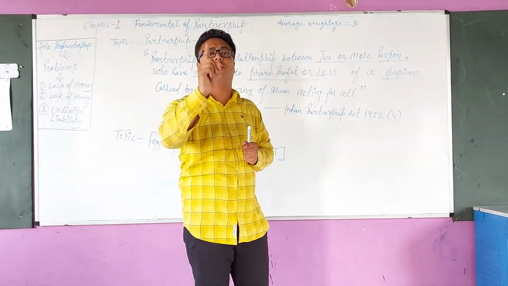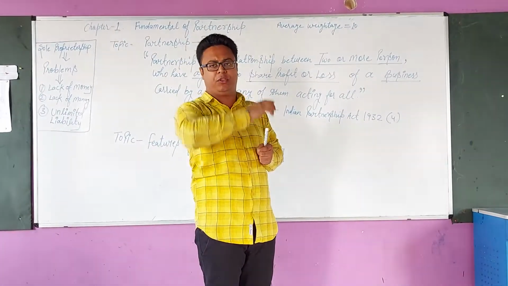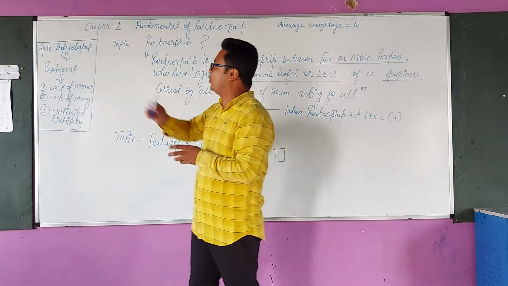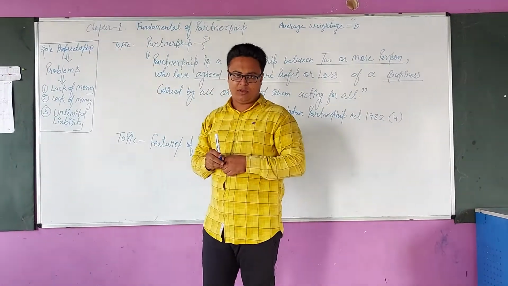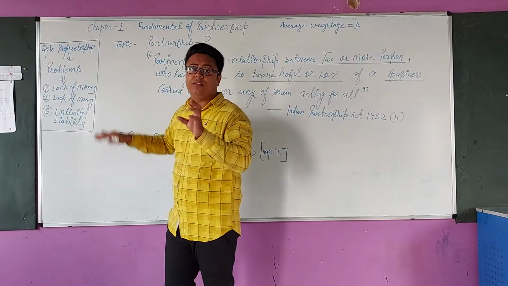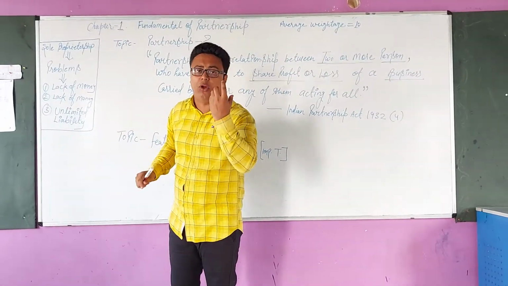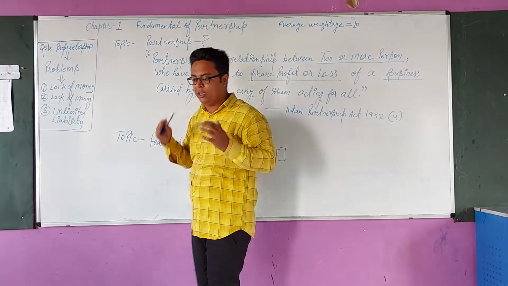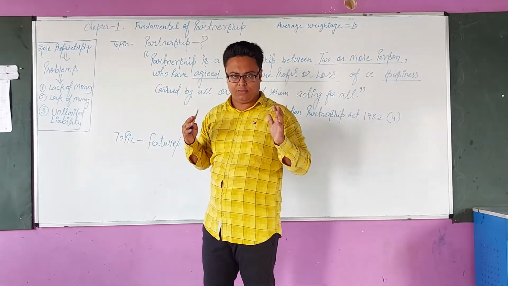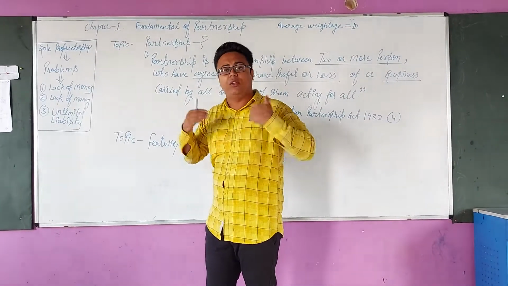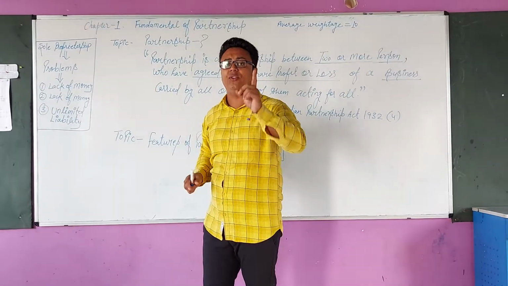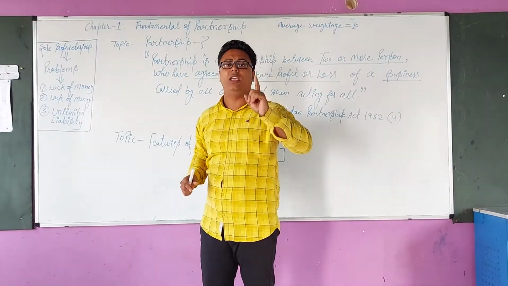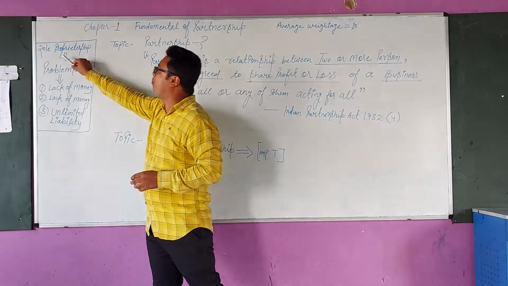The first and oldest form of business organization was sole proprietorship. Sole proprietorship is the type of business organization which is the oldest in the world. When human beings started doing business, first of all they started business in sole proprietorship.